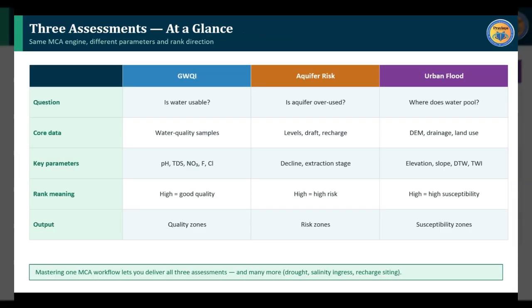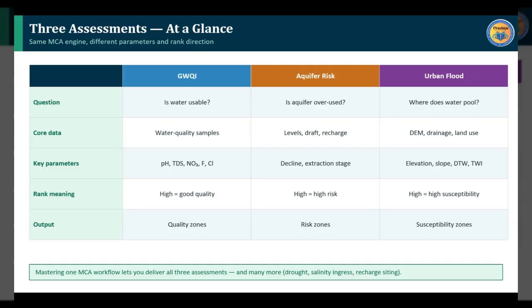Which means that you have one method, but there are three outputs. We will pull it all together with this summary table. Read across the columns, and you see three different questions. Is the water safe? Is the aquifer depleting? Where will it flood?